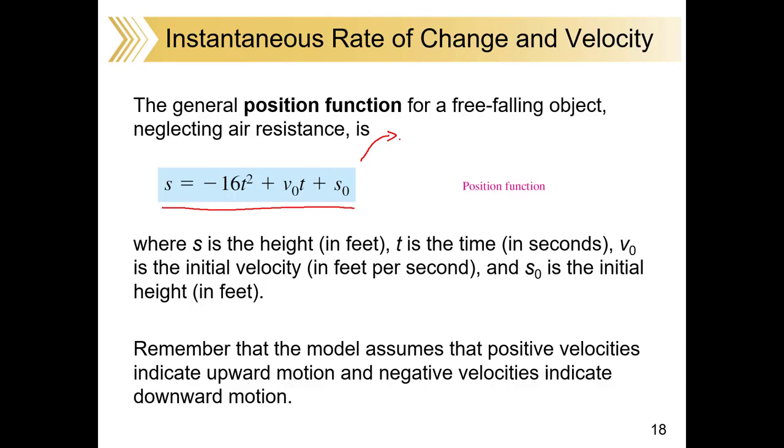Here's the one you might see in physics. Now this negative 16 comes from the fact that we live on Earth. But if we were on another planet, that wouldn't be a negative 16. It would still be negative because that refers to what happens because we have gravity.